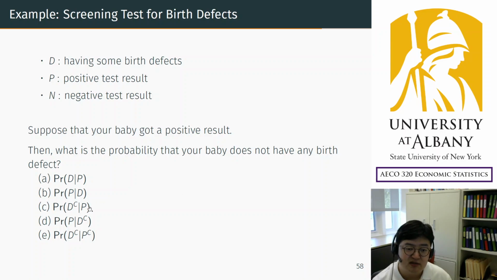So the answer is C. What we already know is the positive result, and what we hope is non-defect, right? The complement. So this is the probability we are interested in. We hope to know this probability, right? Okay, this is the answer.